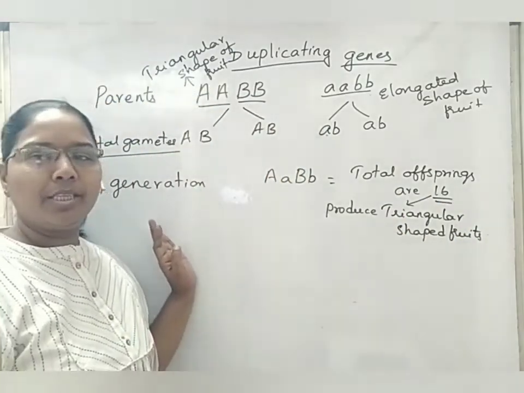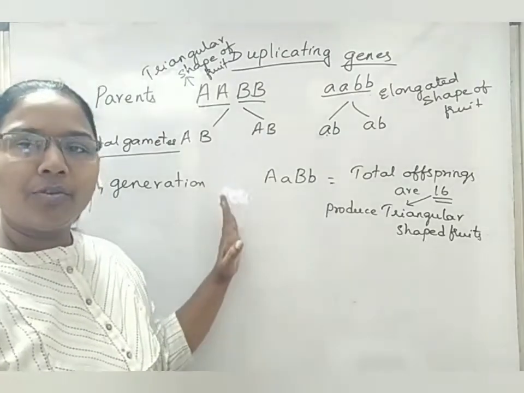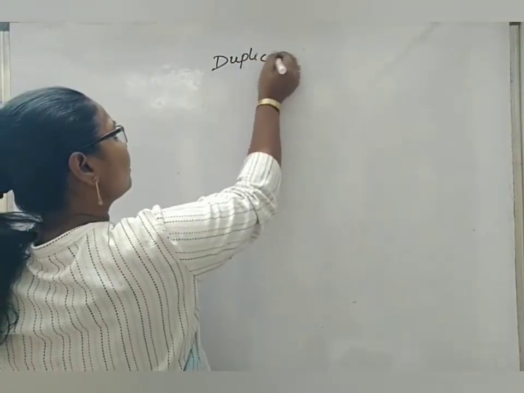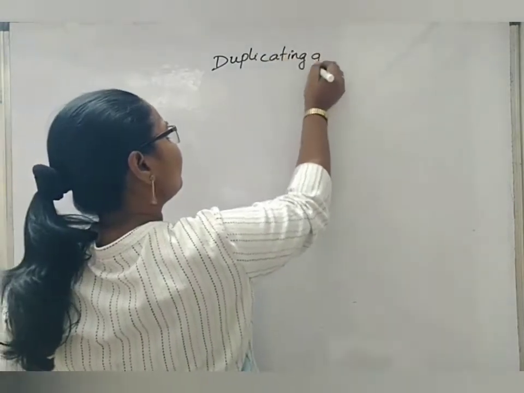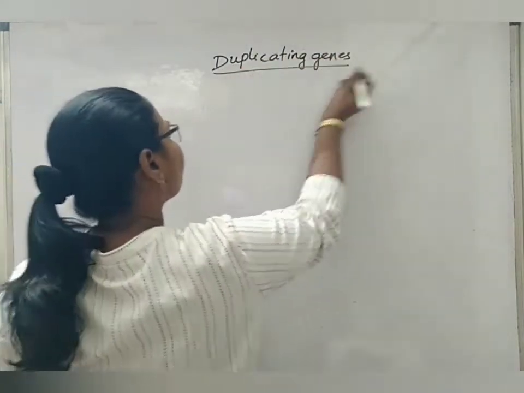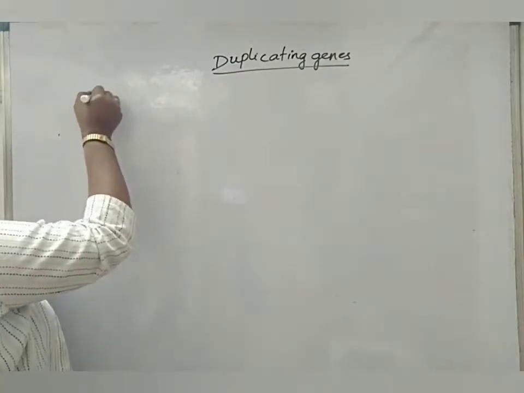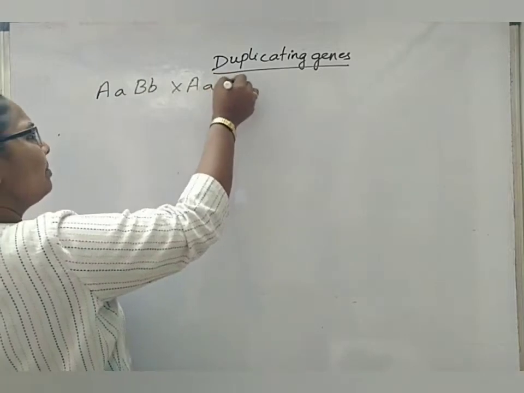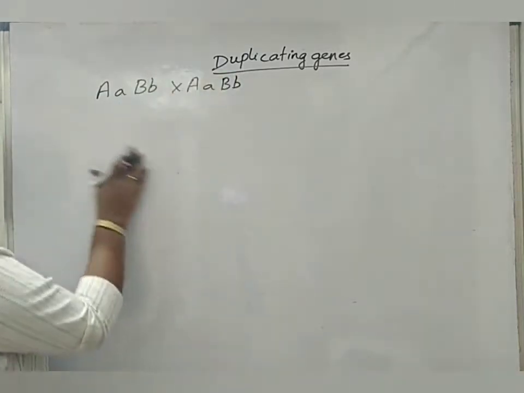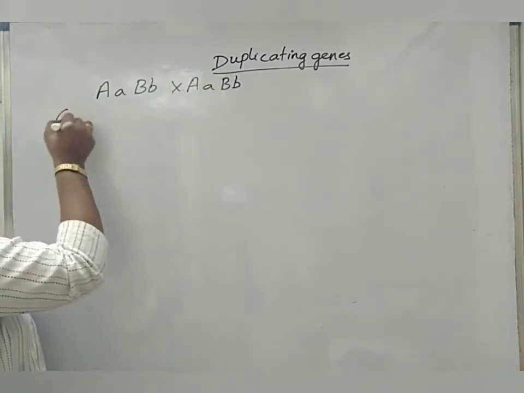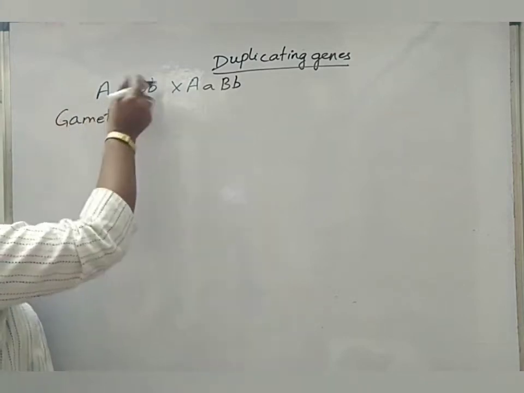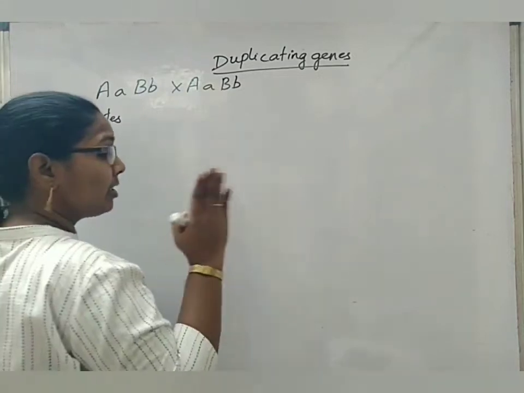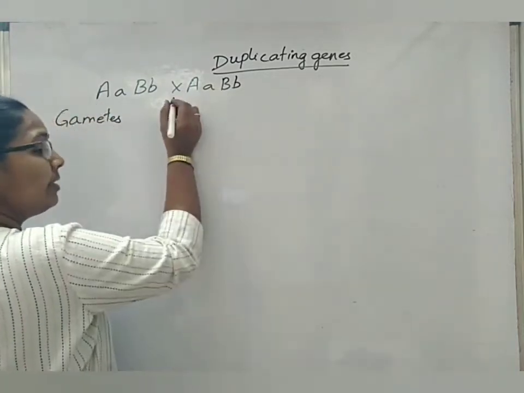To get the F2 generation, let's self-cross the offsprings that are obtained in F1 generation. So the offsprings from F1 generation are like this, and we are crossing them. Self-crossing the F1 generation offsprings. So what are the gametes from F1 generation? If the allele combination is like this, then already I told you there will be 4 types, but the total number is 8 gametes.